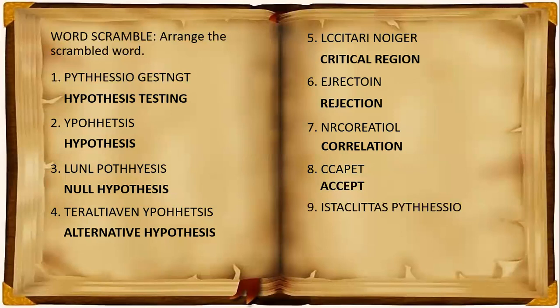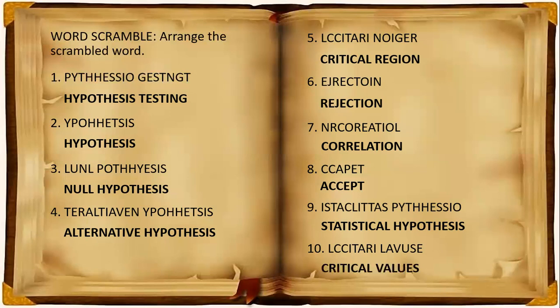Then for number nine, okay, it's statistical hypothesis. And for number 10, okay, it's critical values.